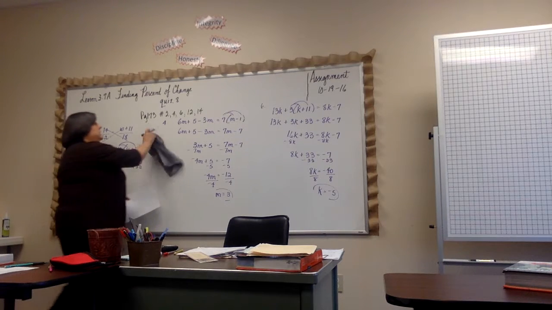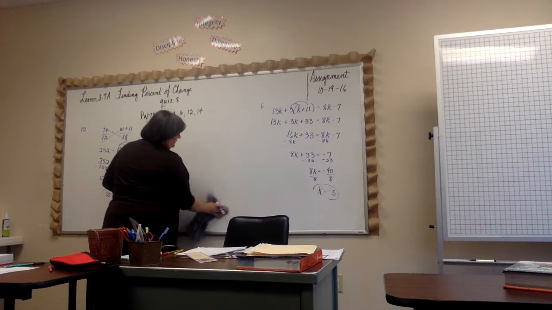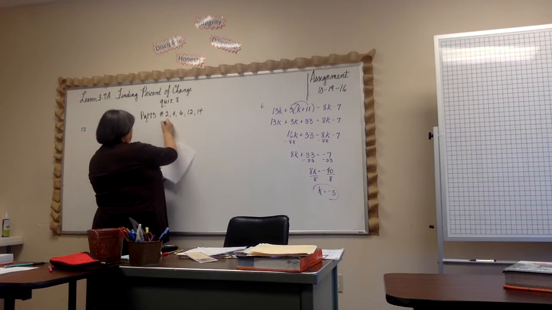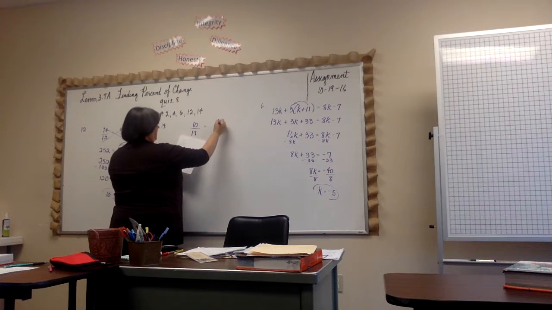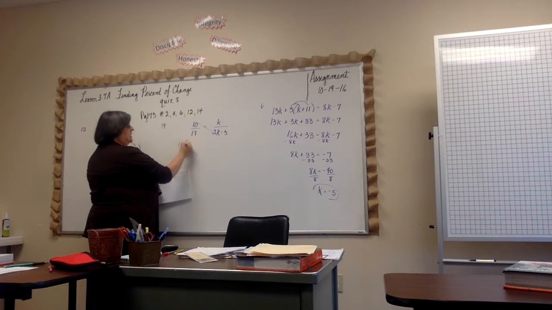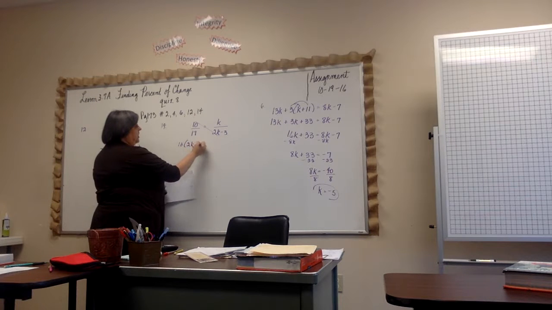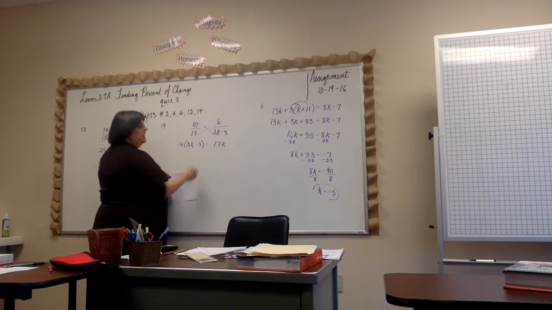And then finally, number 14. Cross down, it'll be 10 times 2k minus 3 equals 17k.